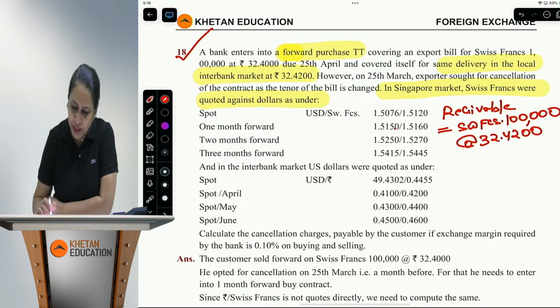Okay, so this is the situation. Now, they are saying, guys, this rate is rupee per Swiss franc.